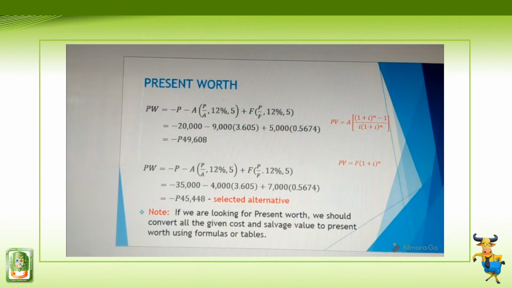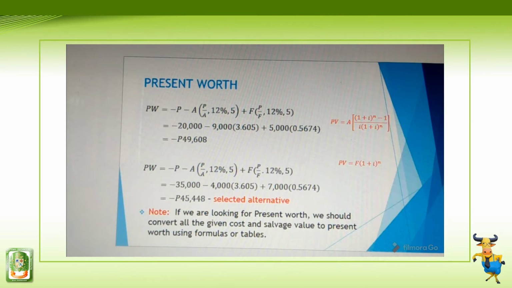Now, in solving for present worth, please note that if we are looking for present worth, we should convert all the given costs and salvage value to present worth using formulas or tables.